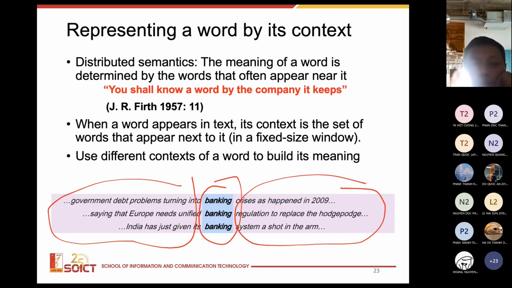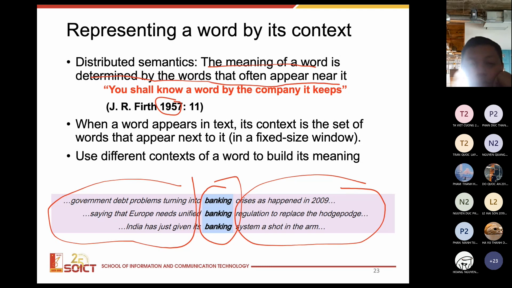And research from a long time ago, 1957, said that the meaning of a word is determined by the words that often appear near it, right?